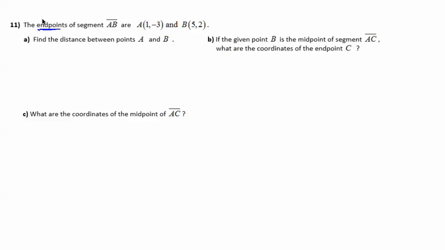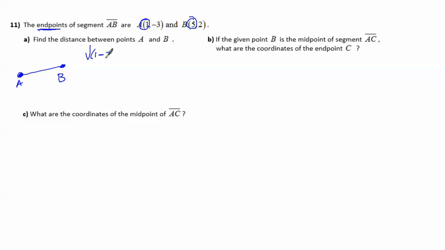Let me draw that segment over here. Point A to point B. They're asking you to find the distance. So that's the same as what we just did in the previous two problems. You just use the distance formula.